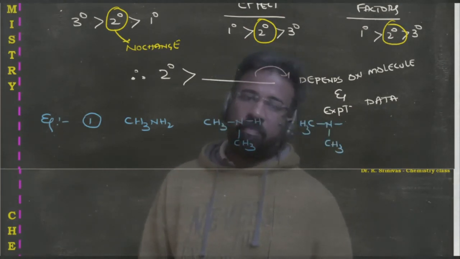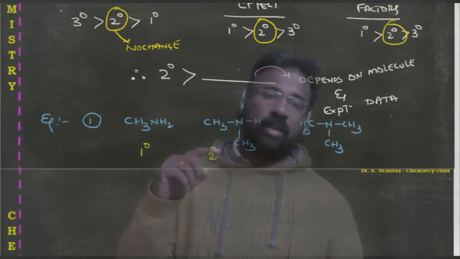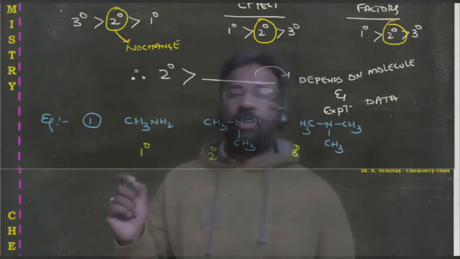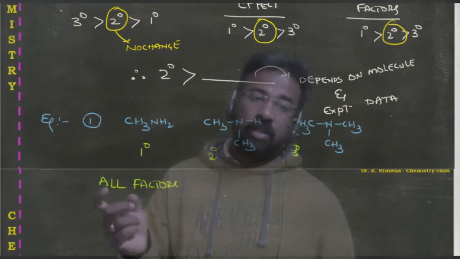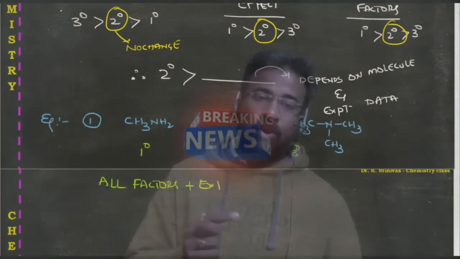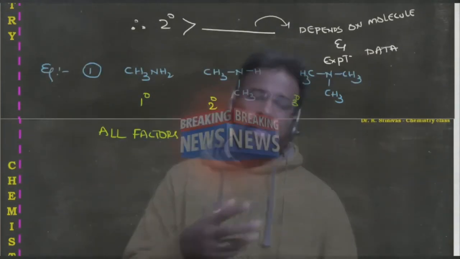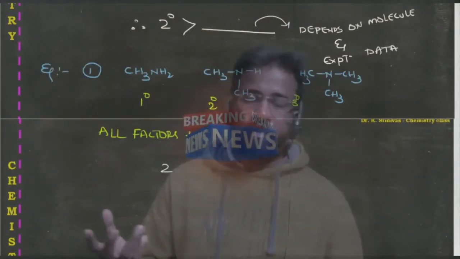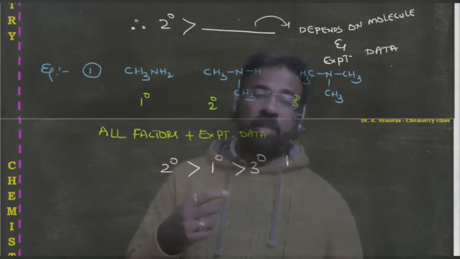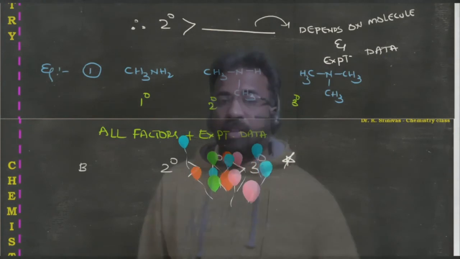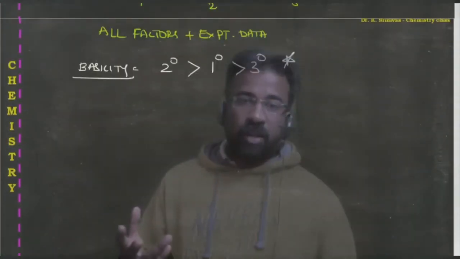If you observe carefully, this is primary, this is secondary and this is tertiary. Considering all the factors and experimental data, secondary is more basic, followed by primary, followed by tertiary. This is the basicity order of the methyl derivatives.